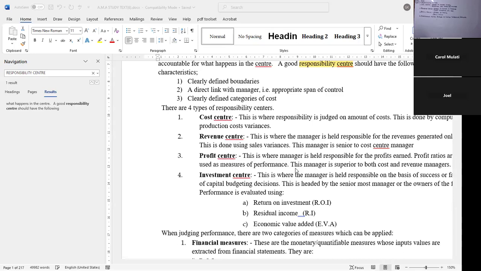And here in the capital budgeting decisions, we use return on investment, residual income, and EVA.